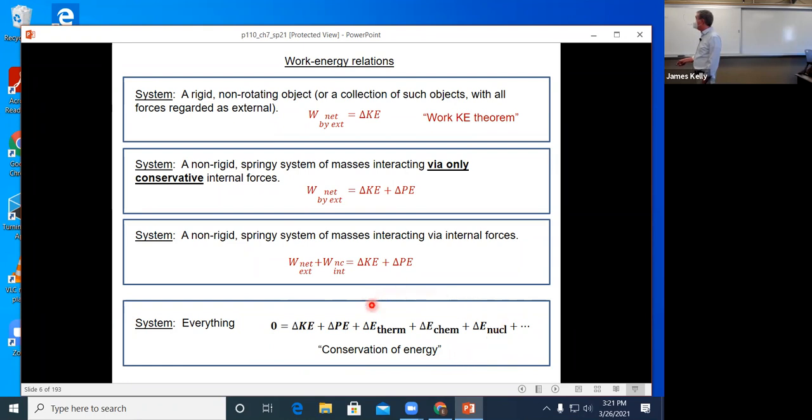If you take care to keep track of everything, including all the heat that's generated and everything down to the molecular level, energy is always conserved. If you're sloppy and you say, well, I was just looking at moving masses, here was my system and I pushed it, it had a lot of energy to begin with, and then there was none.